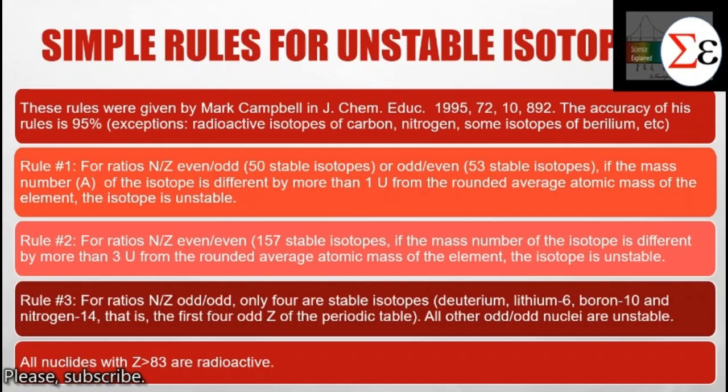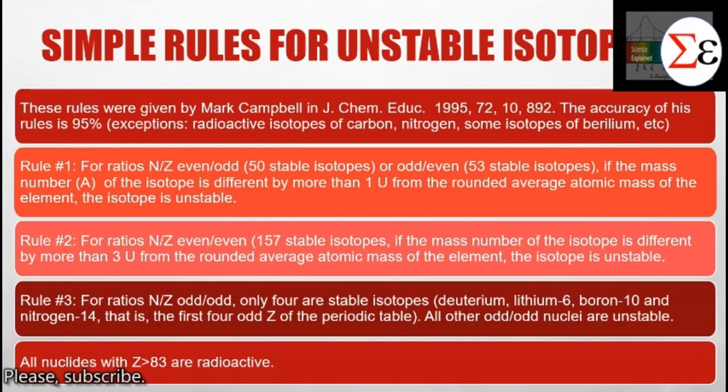Rule number 2: for ratios N over Z, even over even, which has 157 stable isotopes, if the mass number of the isotope is different by more than 3 u from the rounded average atomic mass of the element, the isotope is unstable.